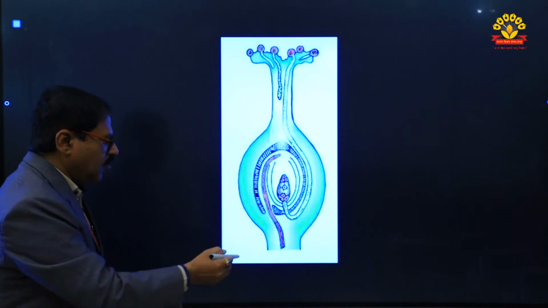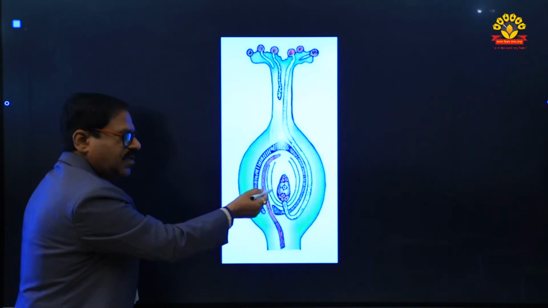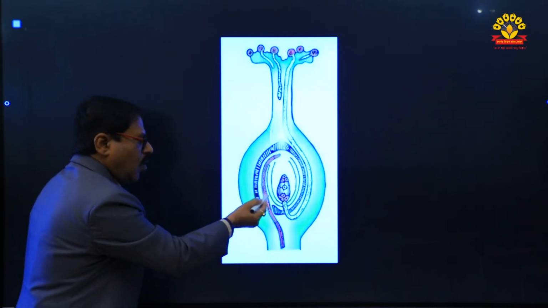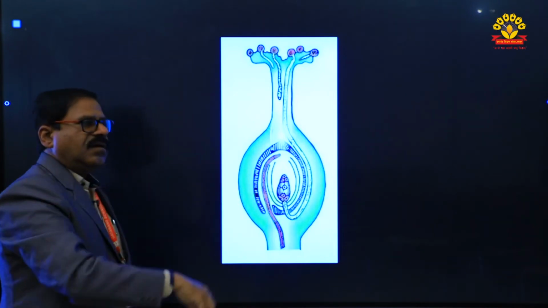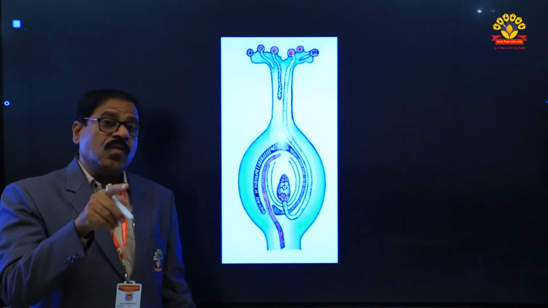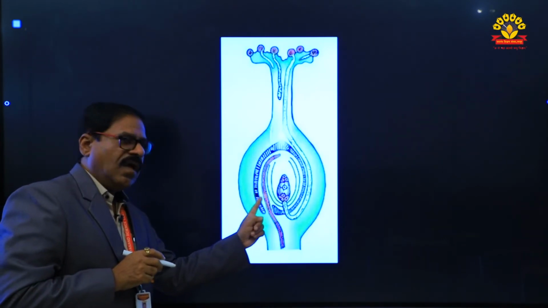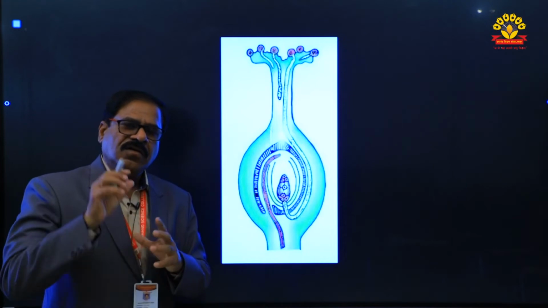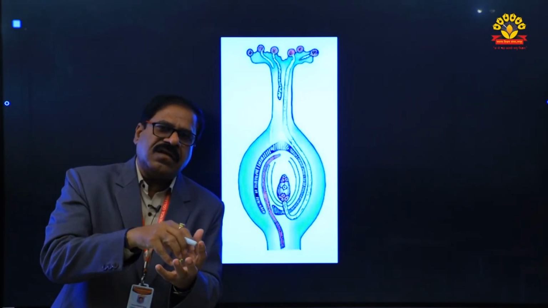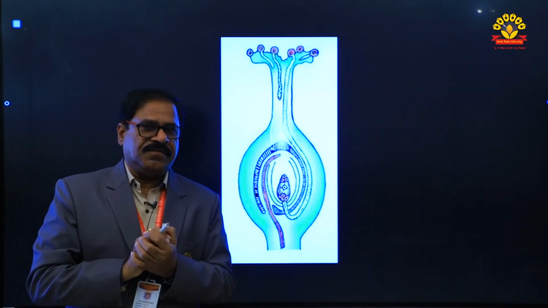Then the pollen tube ruptures the wall of the embryo sac, and by breaking the wall of the embryo sac, it enters any one synergid cell, because there are two synergid cells. Out of these two, the pollen tube enters one synergid cell.